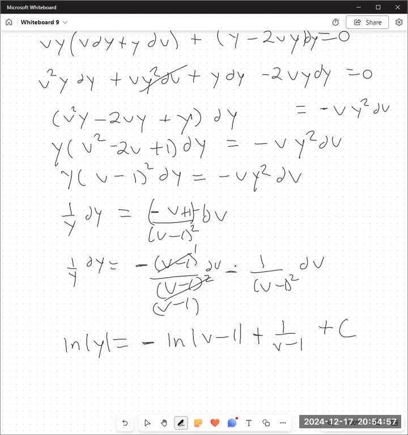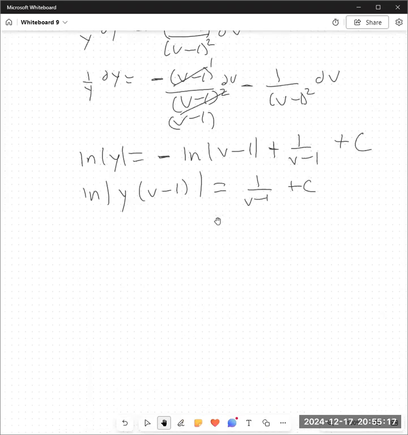And so I'm going to bring these logs together over here and make this ln of the absolute value of y times v minus 1 equal to 1 over v minus 1 plus c. And then v is x over y.